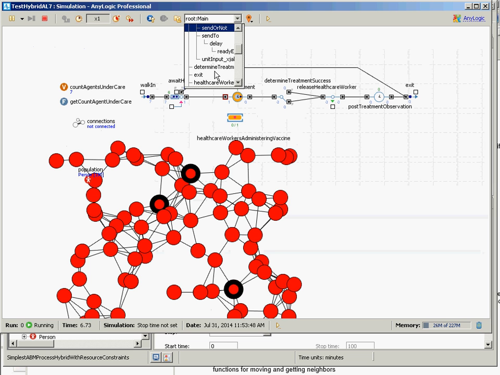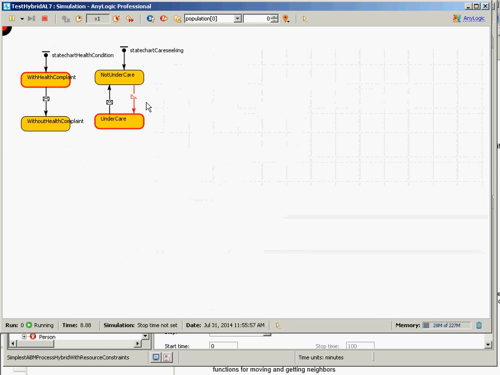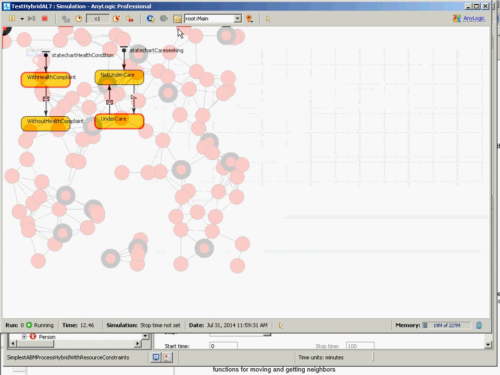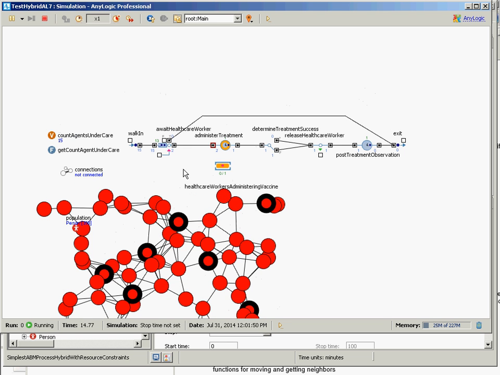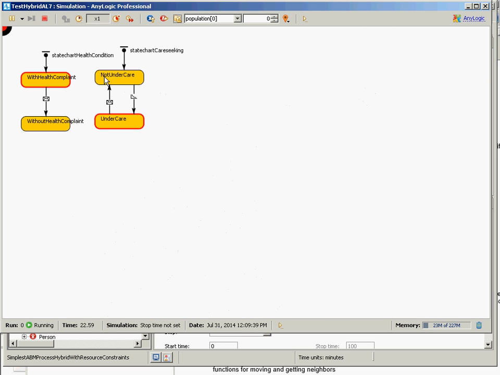And when they complete this, they're going to go through a transition where they're no longer under care. Hopefully their health complaint is resolved if treatment is successful, as judged by this, and you notice here one person has been successfully treated, one person not successfully treated.